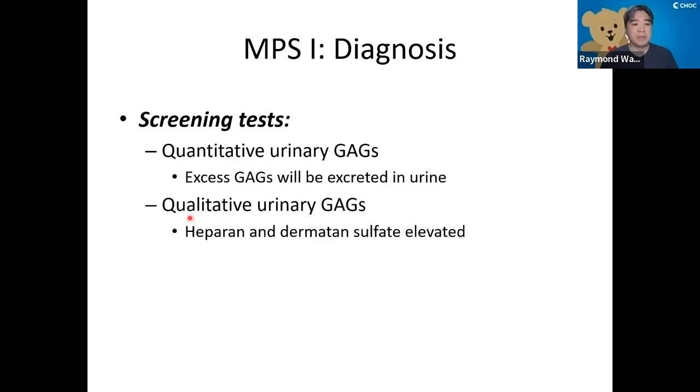Now with tandem mass spectrometry, you can even quantify heparan, dermatan, and keratan sulfate in the urine. Most specifically, there will be heparan and dermatan sulfate elevation in the urine, which makes sense because these are the two GAG species that can't be broken down.